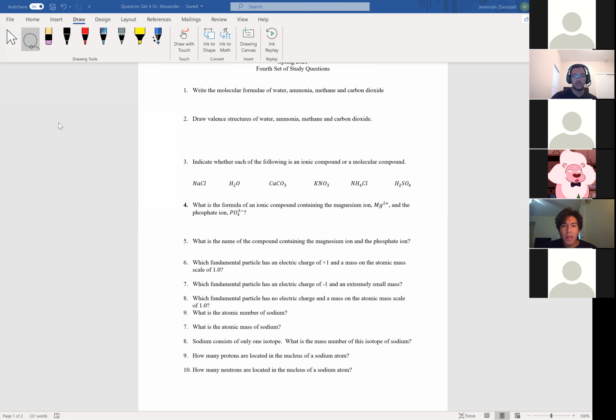So now methane. For starters, what's going to be my central atom? Your carbon. My carbon, right? And how many dots am I going to need around that carbon? 4, right? And let's say I were to do it like this. Would that be right? No, right?